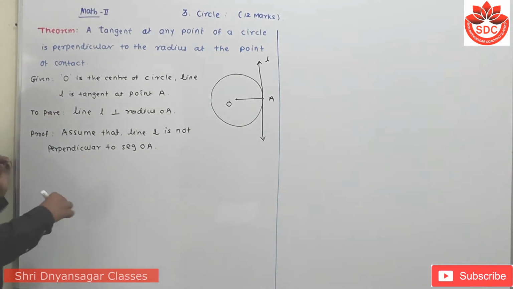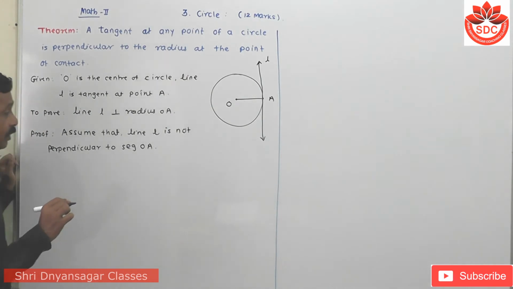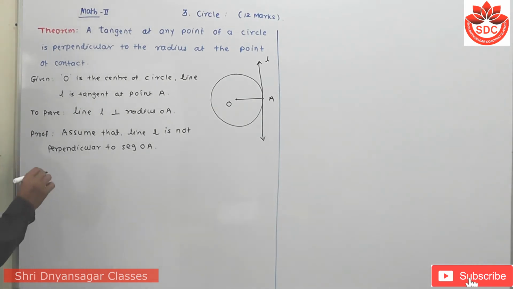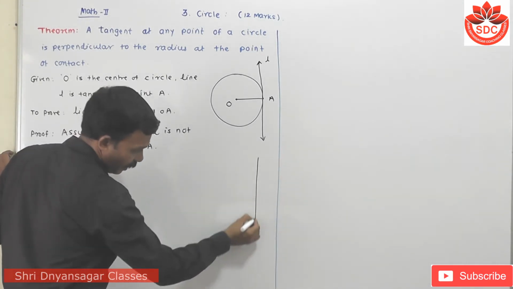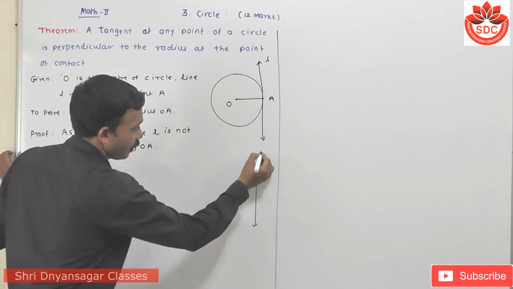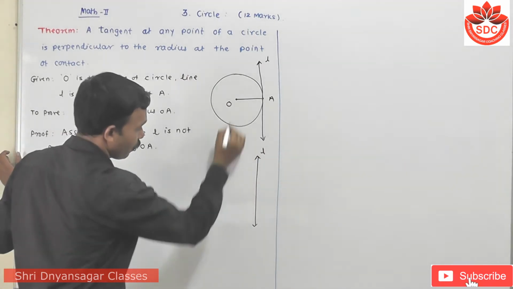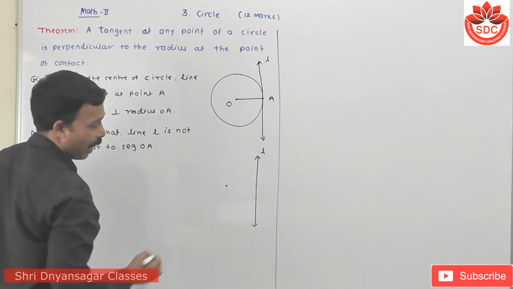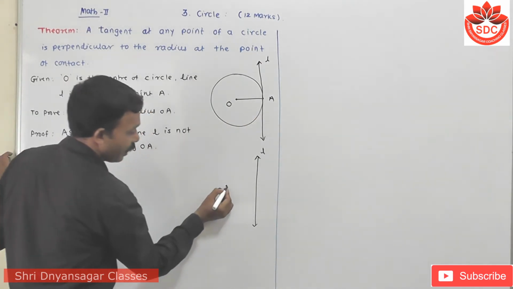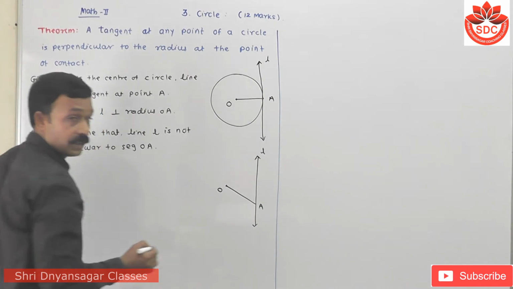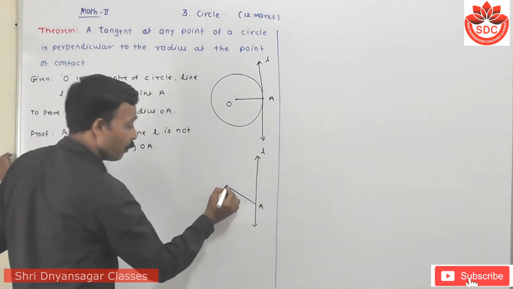Now we have to draw one perpendicular. Suppose we take another segment which is perpendicular to the line L. Suppose I draw one line here. This line is L. This is the point O, and since OA is not perpendicular, suppose A is at this position. Then we draw one perpendicular.